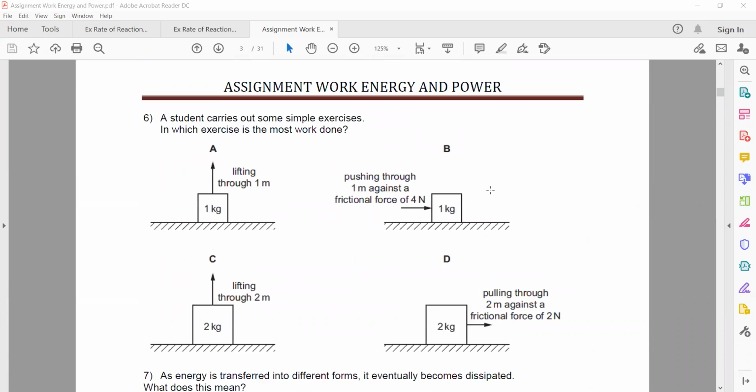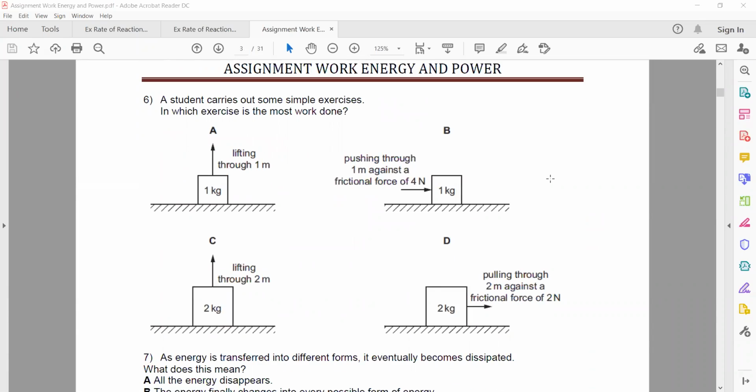Now in this question, a student carries out some simple exercises. In which exercise is the most work done? How do we calculate work done when you are lifting an object? Work done is force multiplied by distance. What force do I apply when lifting a 1 kilogram object?